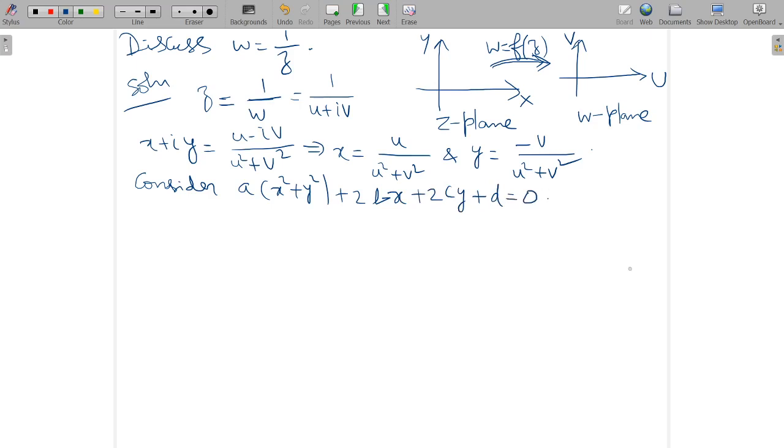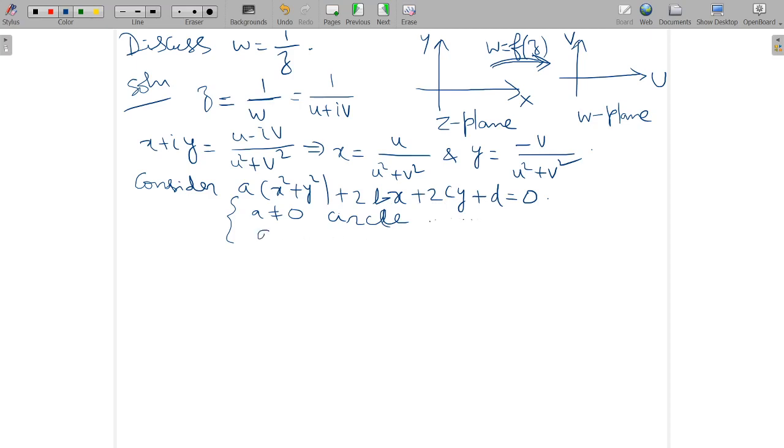Now what is the speciality of this? When I take a not equal to 0, the above equation represents a circle. You can also find the center as minus b by a and minus c by a, and you can also find the radius. I am not going into this.